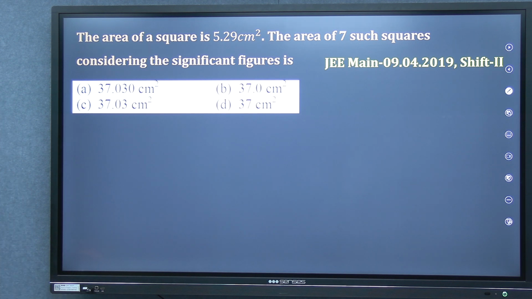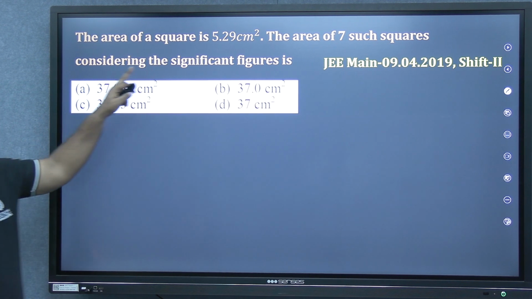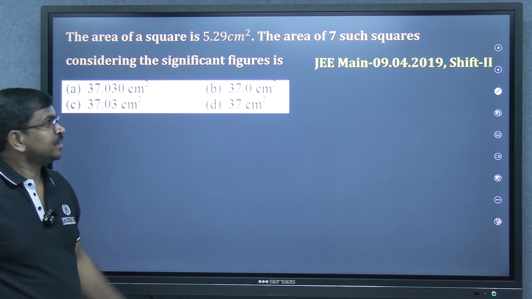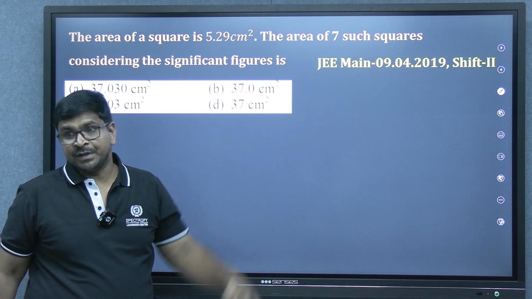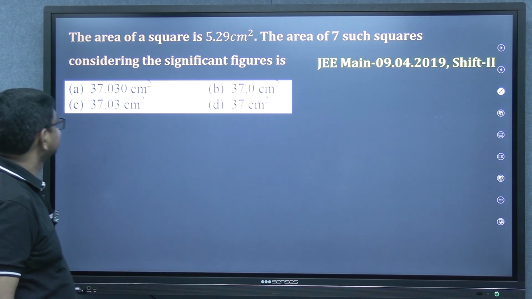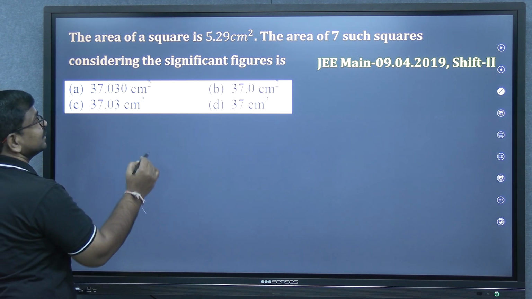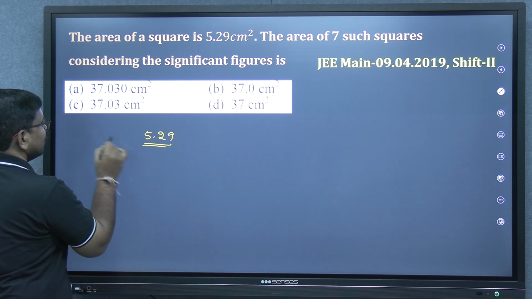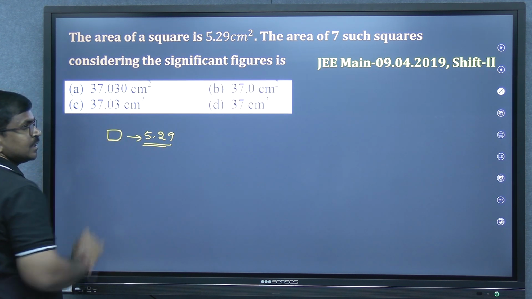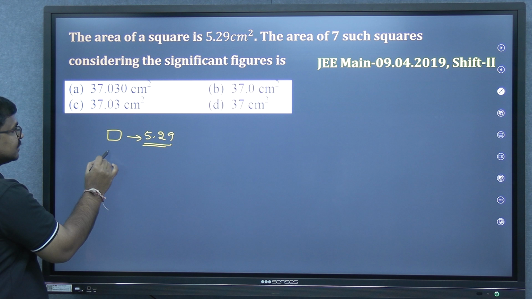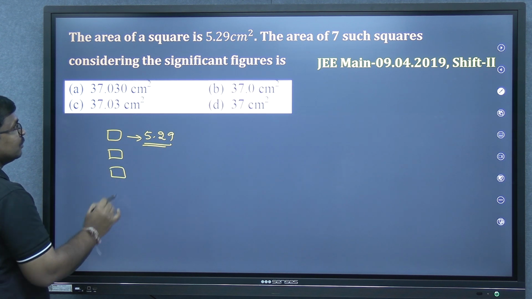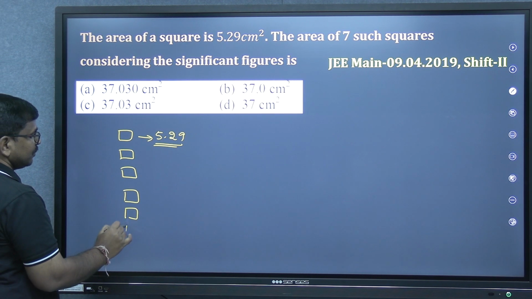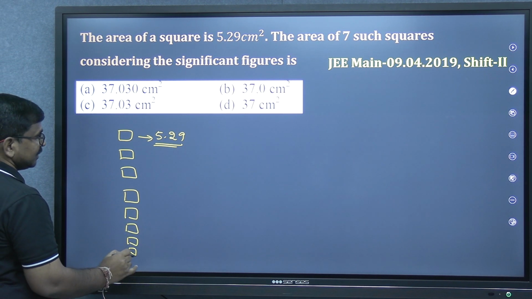Now we have another question, JEE Main. The area of a square is 5.29 centimeter square. The area of 7 such squares, considering significant figures: 5.29 is 1 square. How many do you have like this? 1, 2, 3, 4, 5, 6, 7.